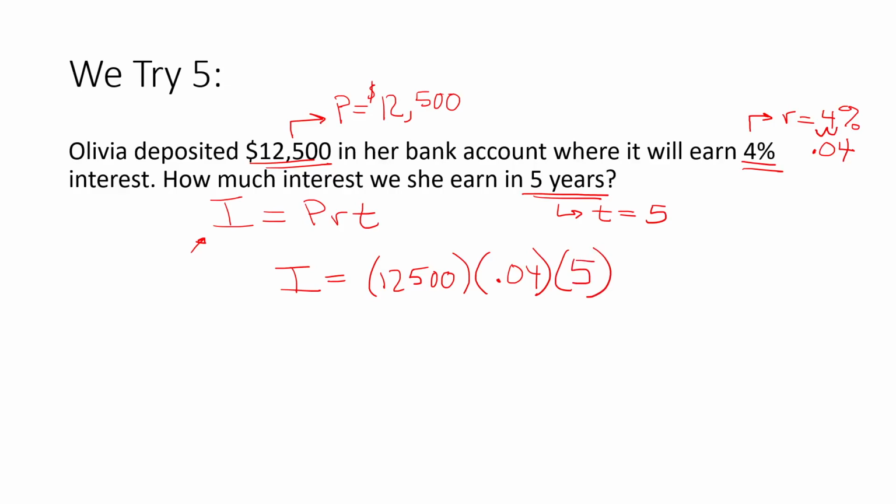And if I type all of that into my calculator, 12,500 times 0.04 times 5, that tells me that after 5 years, she'll make $2,500 as the interest. So that's what I'm going to write down. I'm going to write she earns $2,500.